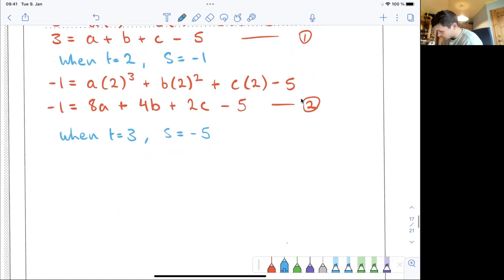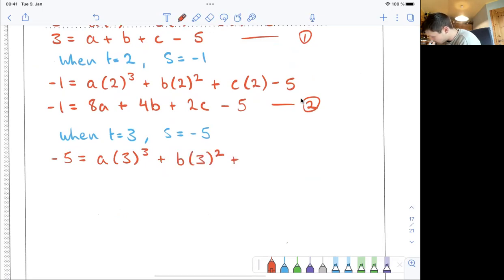Okay, and so we'll go -5 is equal to a multiplied by 3 cubed plus b multiplied by 3 squared plus c multiplied by 3 -5. And now if we clean this up, we're going to get 3 cubed is 27.